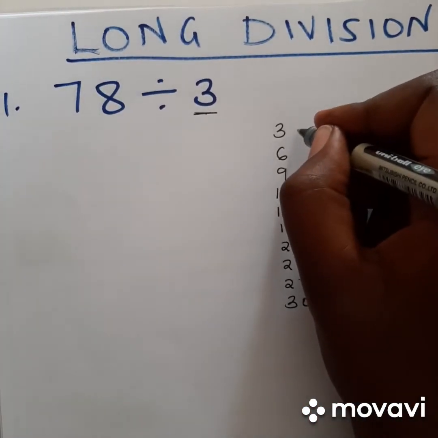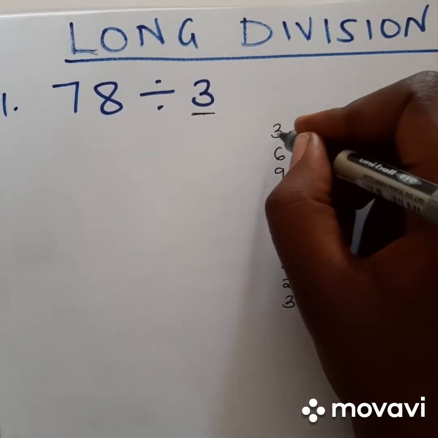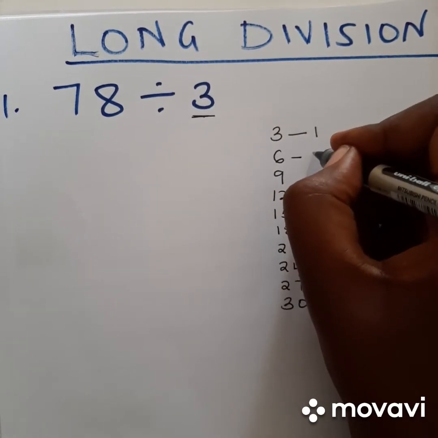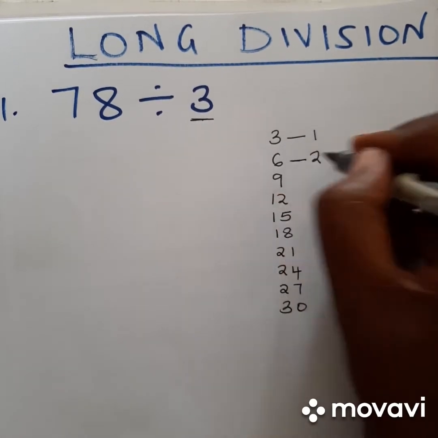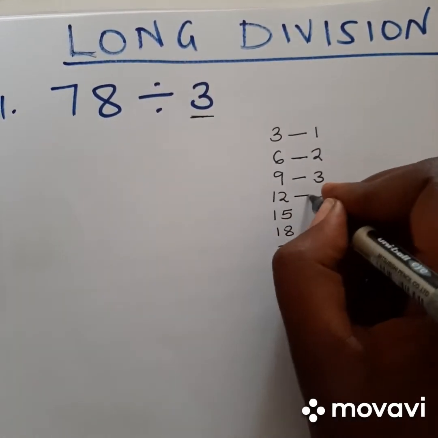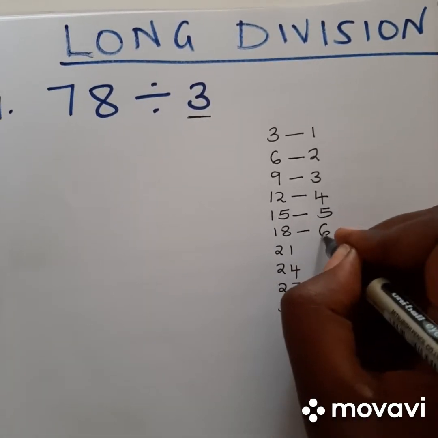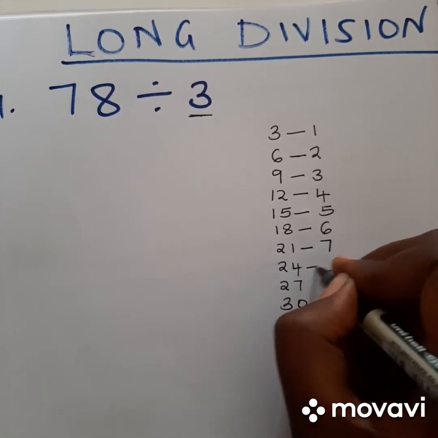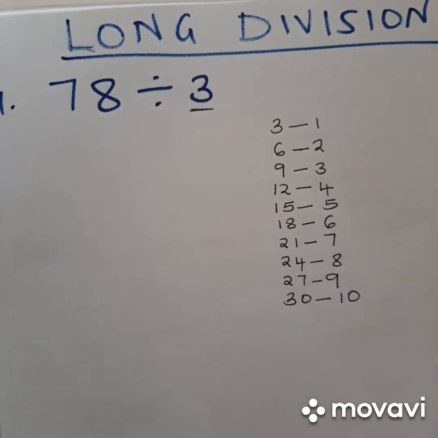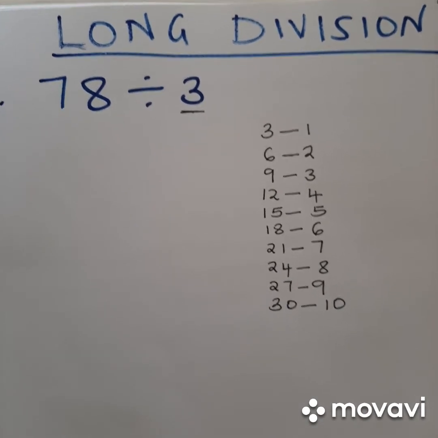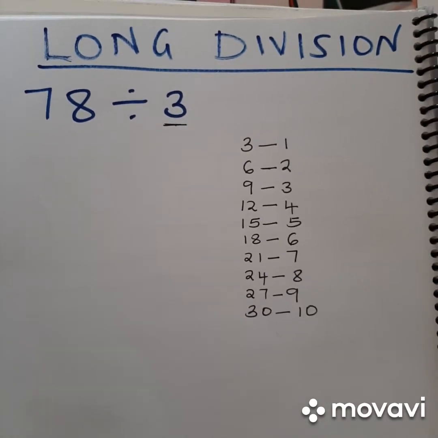It means we can find one group of 3 in 3, or in simple terms, 3 times 1 is 3, 3 times 2 is 6, 3 times 3 is 9, 3 times 4 is 12, 3 times 5 is 15, 3 times 6, 3 times 7, 3 times 8, 3 times 9, and 3 times 10 is 30. If you write that, it's very easy for you to do the long division.